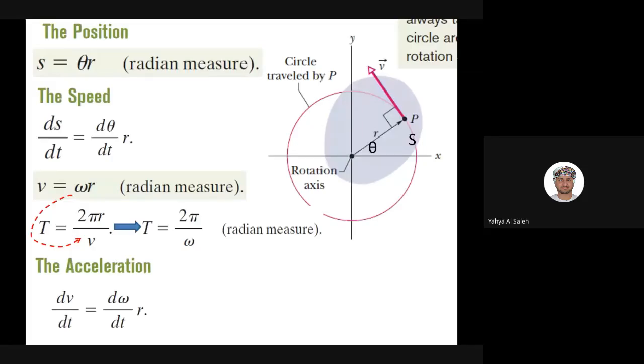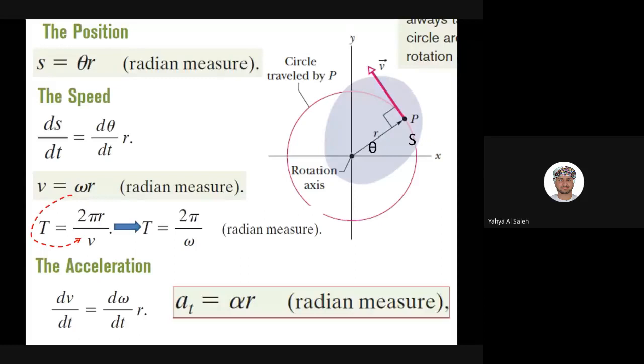Acceleration: a tangential, because we're not looking at the radial component now, a tangential equals alpha r. So if we want to go from the angular variable to the linear variable, we simply multiply it by the distance r from the rotation axis. So far, so clear? Any questions so far?